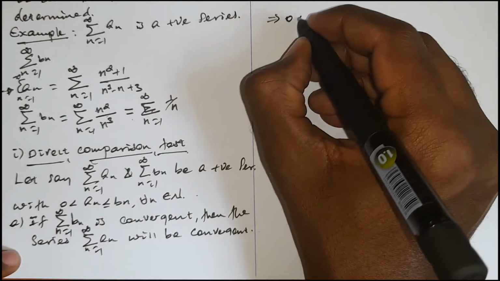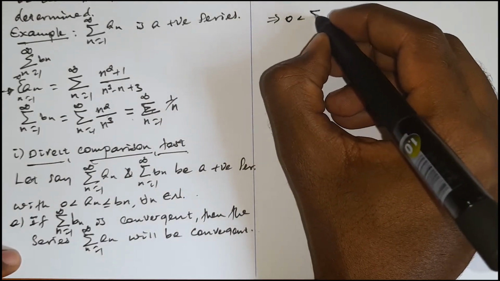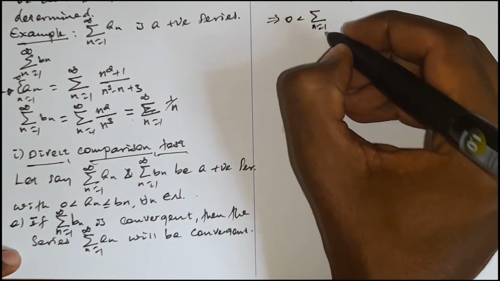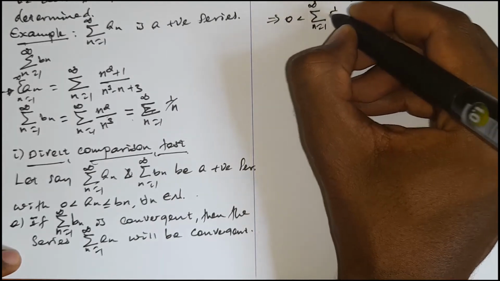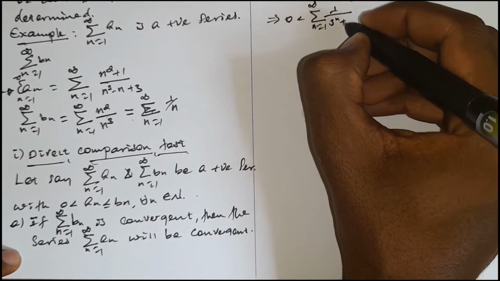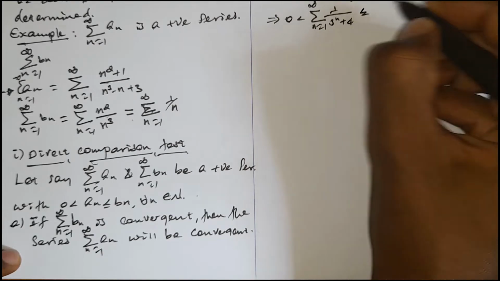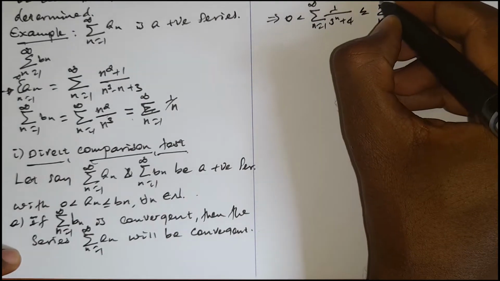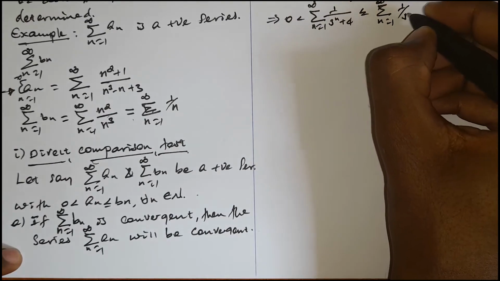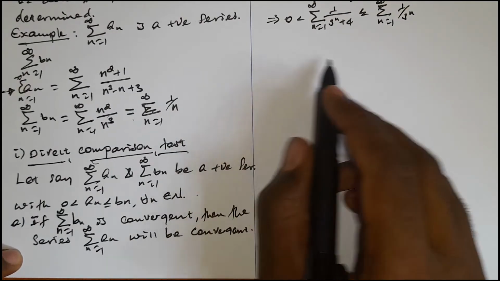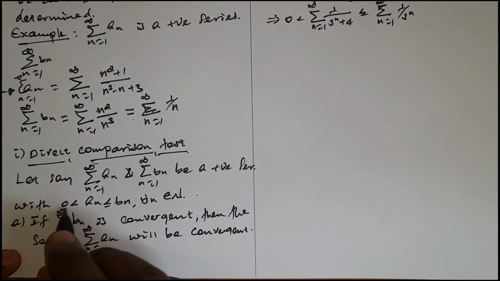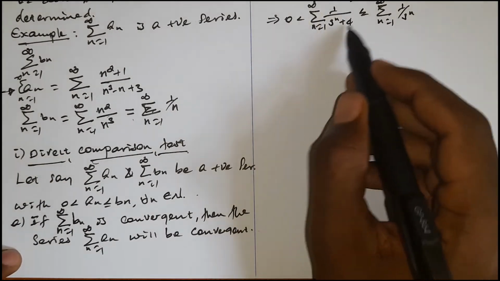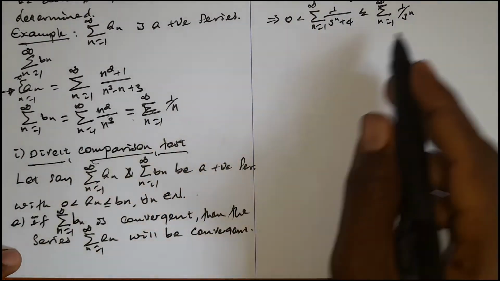So by this definition, since 0 is less than 1 over 3 power of n plus 4, which is less than or equal to 1 over 3 power of n, our An is this series and the Bn is this series.